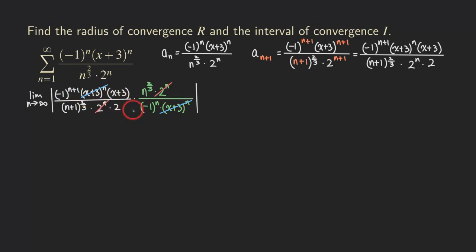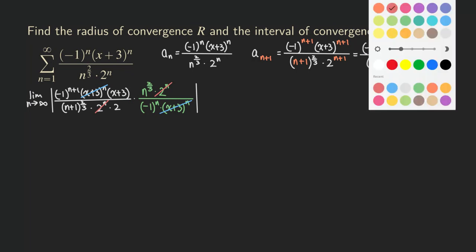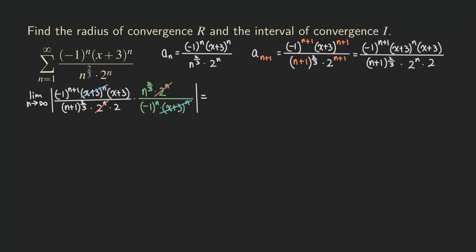But once we take the absolute value, that -1 will go away. So we don't need to worry about the alternating factor anymore when we take the ratio test. We only write down the stuff that's left without the -1.